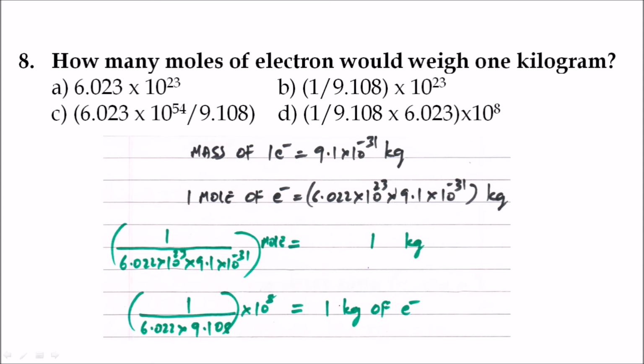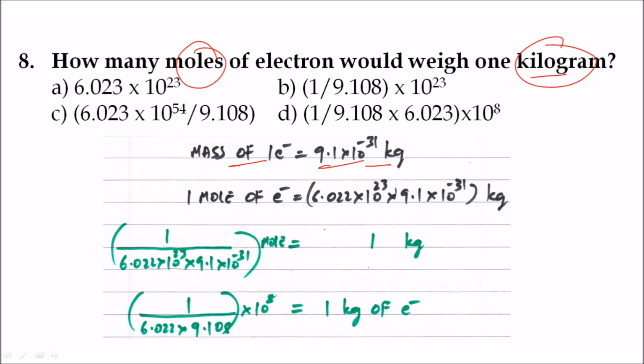Let's take the last question now. How many moles of electrons would weigh 1 kilogram? Right, the number of moles of electrons we need to find, which would weigh 1 kg. All of you know the mass of one electron, in terms of kilogram, you can take it as 9.1 into 10 raised to minus 31 kilogram.